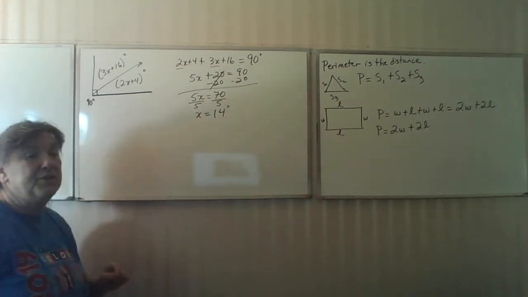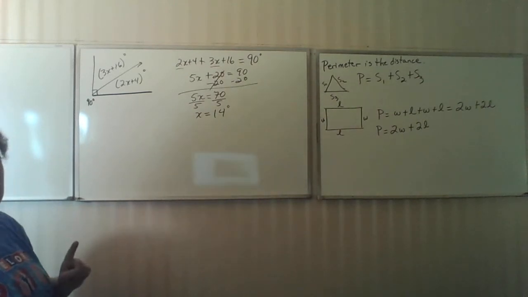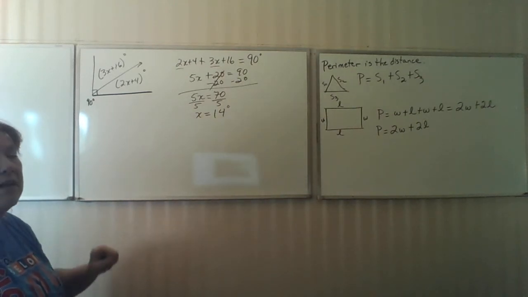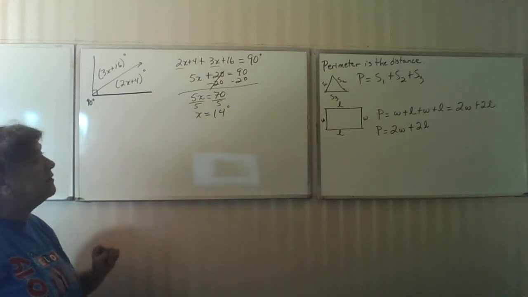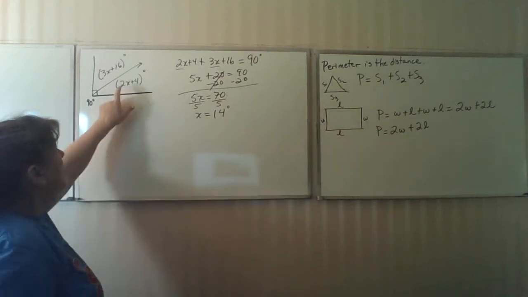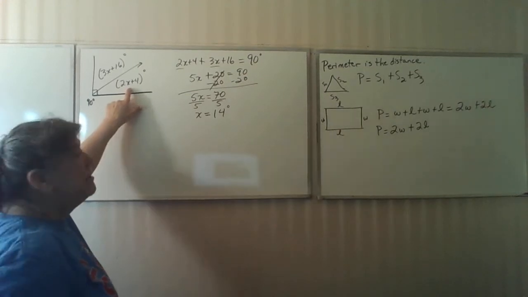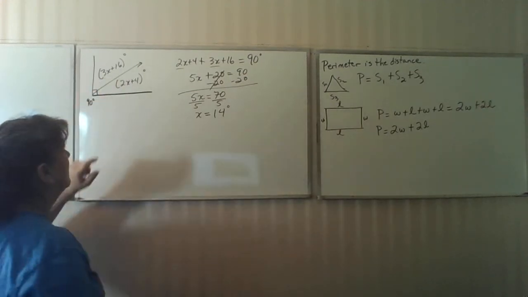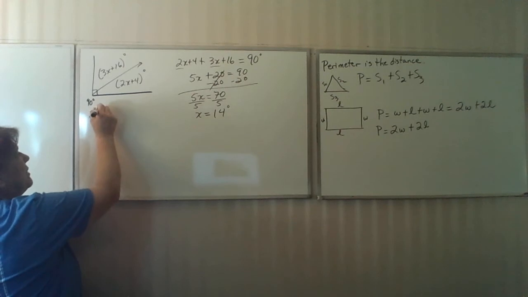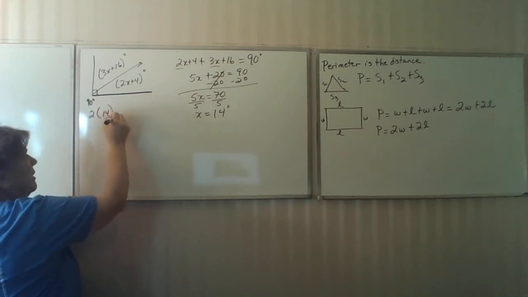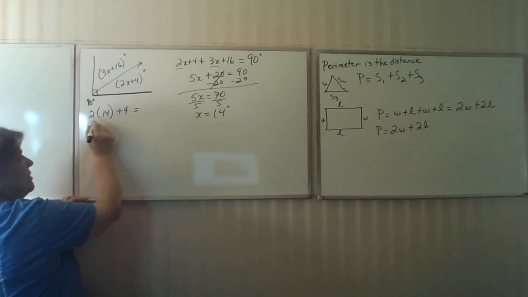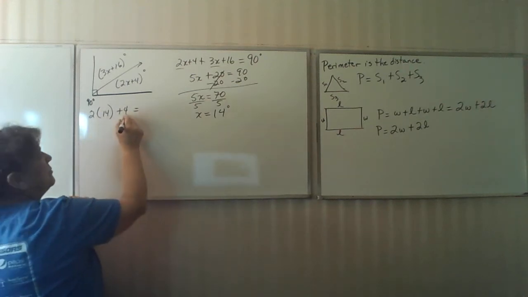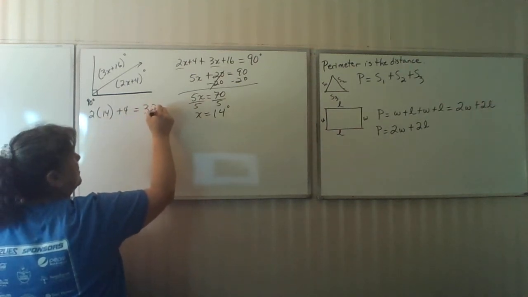But am I finished? Remember, what is the question? The question is, find the actual measure of each angle. So what I need to know is what is the measure of this angle and what is the measure of this angle. Therefore, I'm going to have to take that 14, put it in for the x, and calculate what that is. 2 times 14 is 28. 28 plus 4 is 32 degrees.